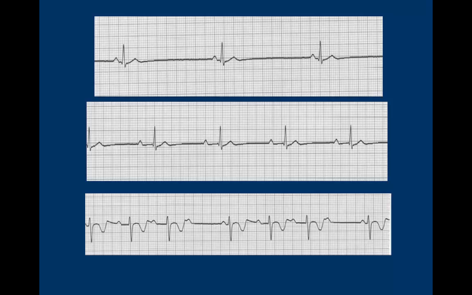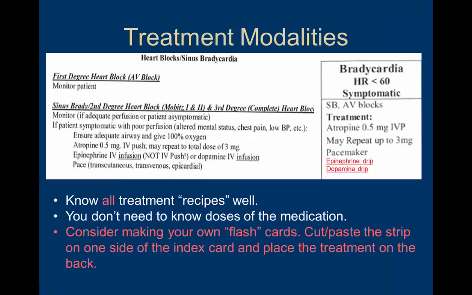That's first degree AV block. And then that third rhythm here is Wenckebach. This is second degree Mobitz type 1 or Wenckebach. And all of these rhythms are likely to be treated with the same treatment, and that is the administration of atropine.